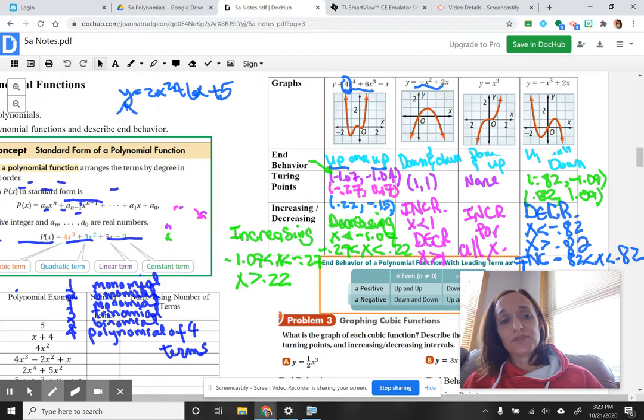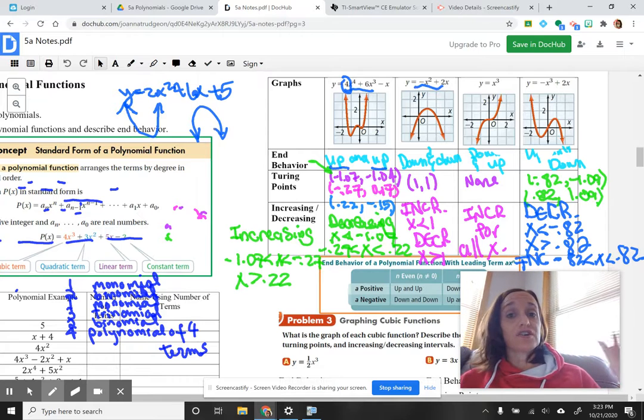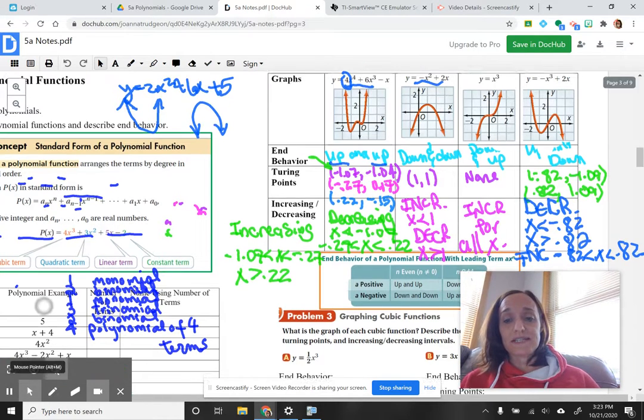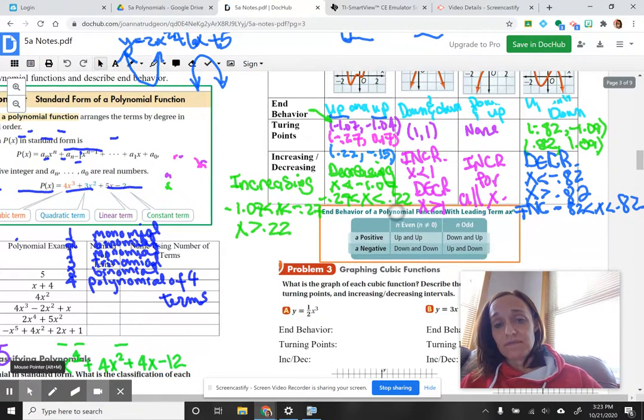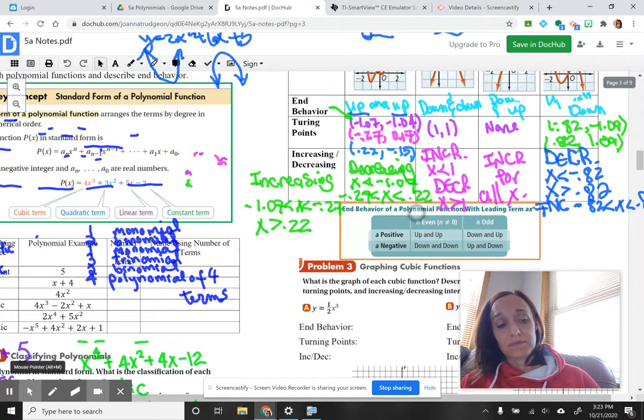It's right side up because you don't have a negative in front of the a value, so that is up and up. And if I did have a negative, then it would be down and down. And other degrees, as long as they're even degrees, are the same way. So what this is saying is, for even functions, oops, no pen.